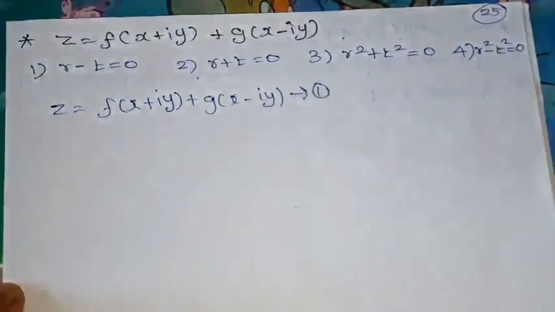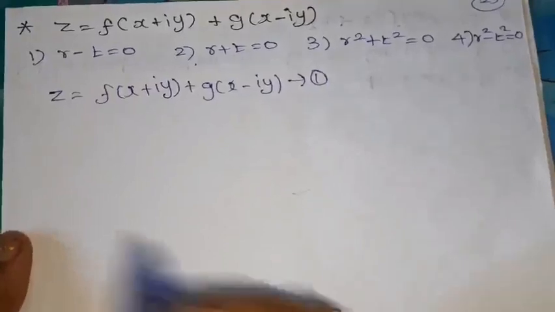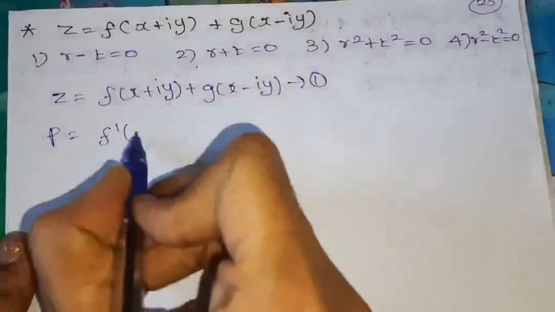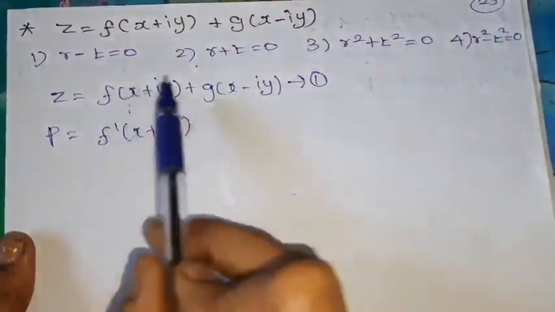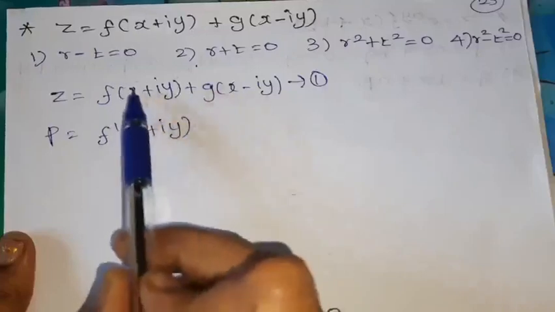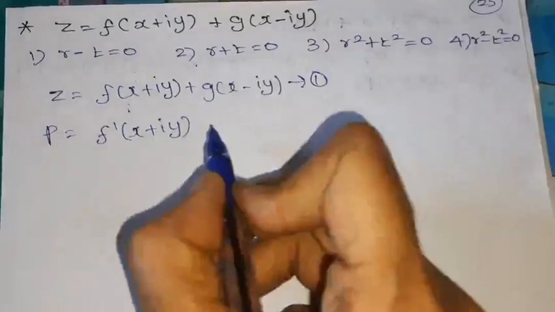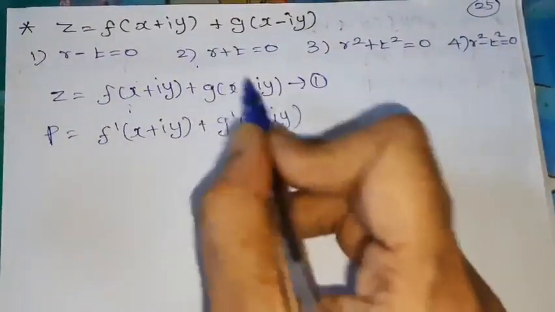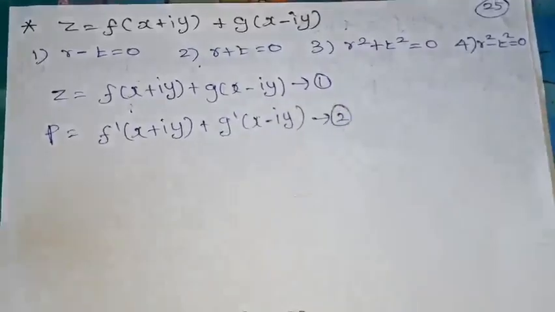Then we need to differentiate with respect to x first. dou z by dou x is nothing but p. So f dash of x plus iy, and when we differentiate the inside again we get 1, so multiplied by 1 we get the same term. Then g dash of x minus iy into 1 only. So it is equation 2.